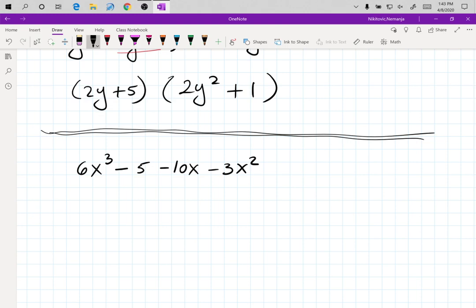So what you see here is that the order is not what we are used to, right? We like to start with the highest exponent and go down term by term. So we are going to rearrange these terms first and then go and factor. So 6x cubed minus 3x squared minus 10x minus 5.